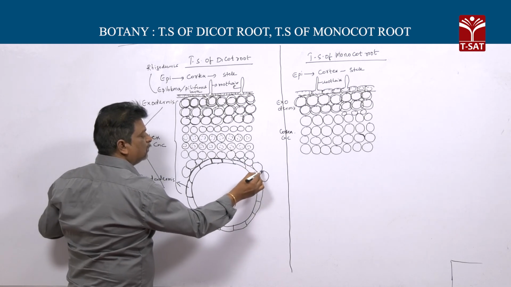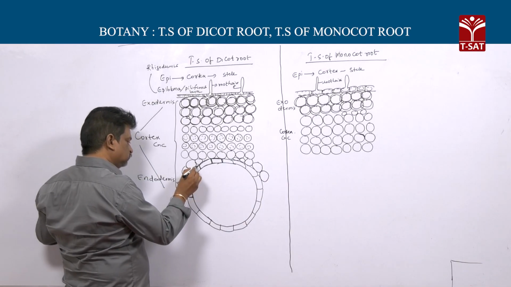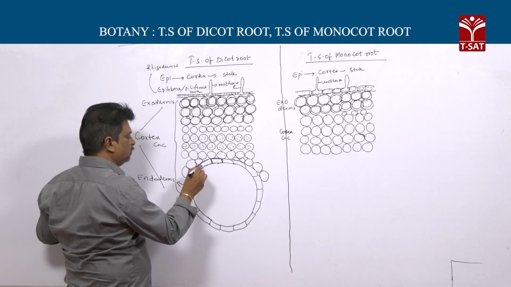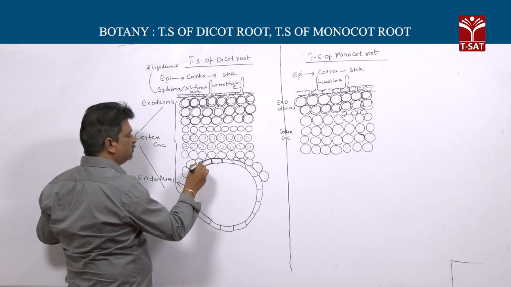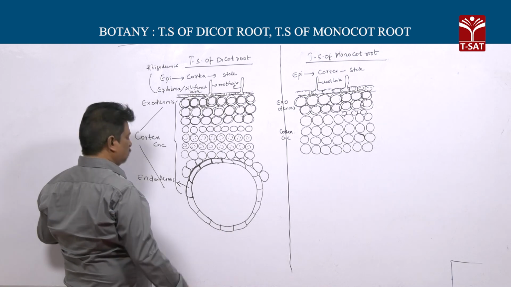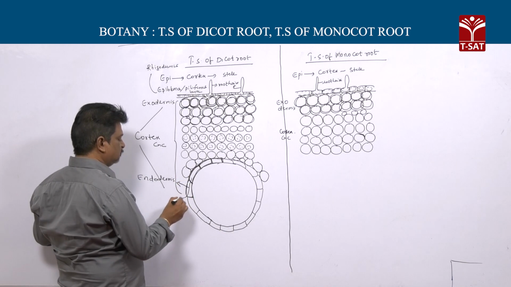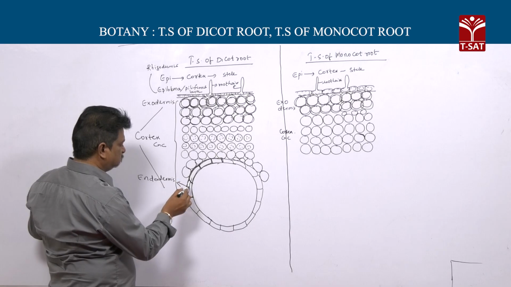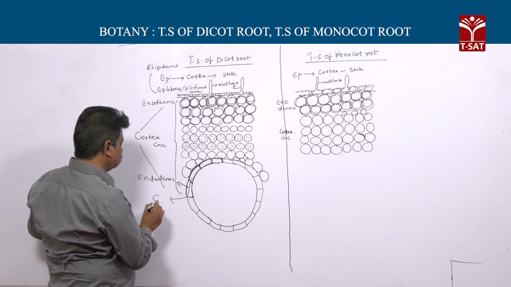Generally, this endodermis shows two types of cells. Among two types, some of the endodermal cells show tangential and also radial thickenings. These are tangential and these are radial thickenings. These thickenings are due to deposition of lignin and suberin.